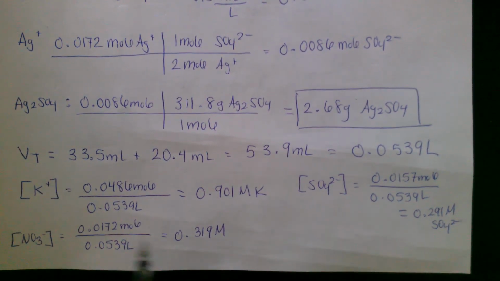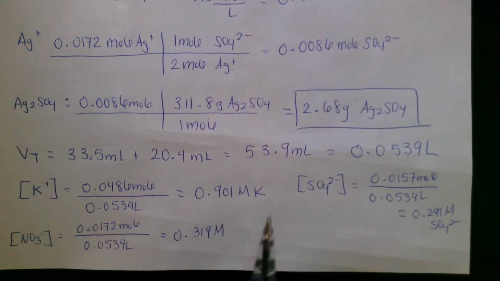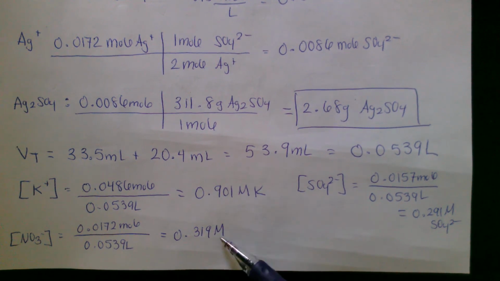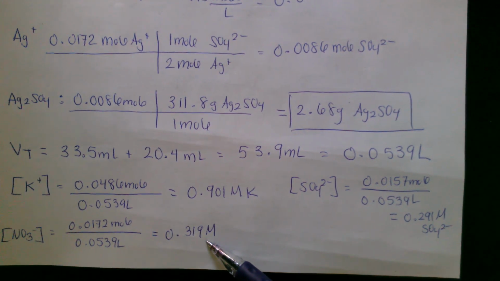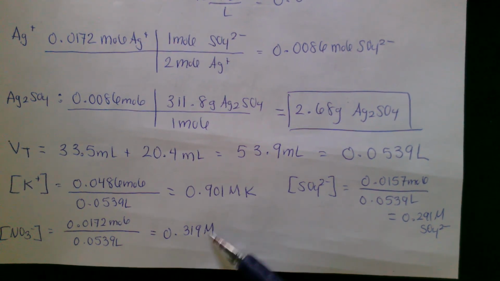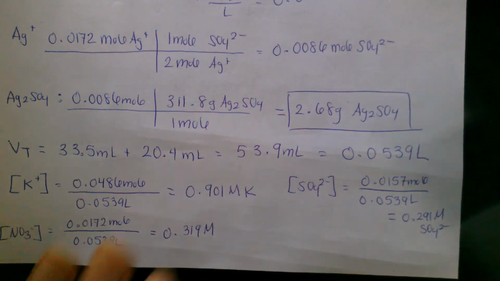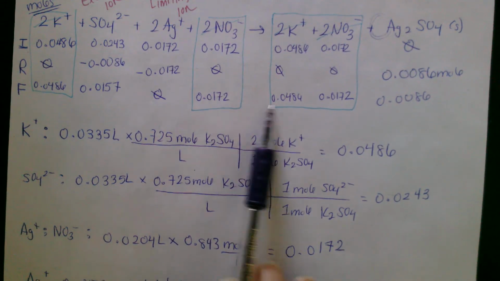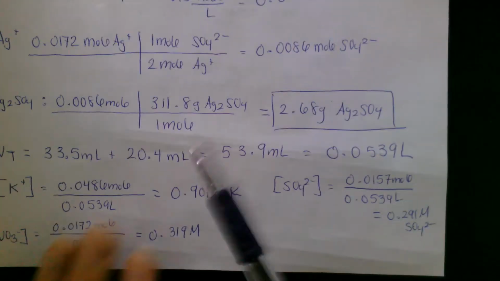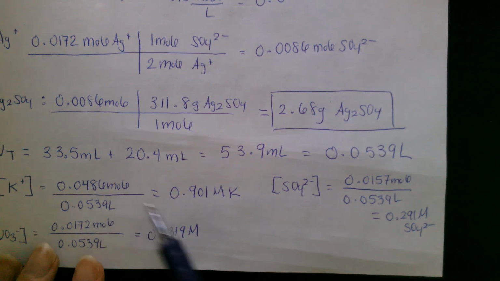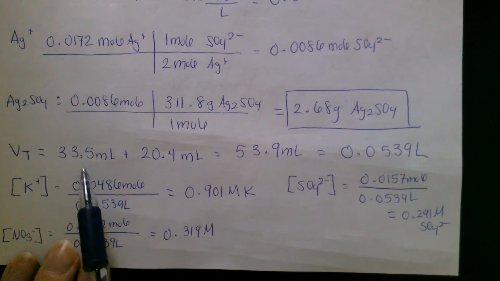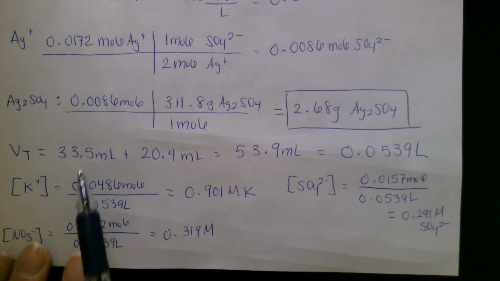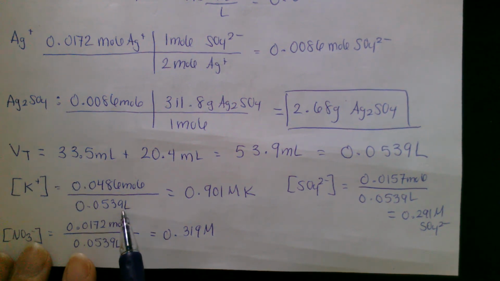Okay, so this is essentially our two ions here that were spectators. What really happened with them is that they were diluted. So you could have used the formula for dilution for these also and skipped their entry in the table, because really that's all that this amounted to, was the potassium ions were in a volume of the 33.5 milliliters. Now they're in the volume of 53.9 milliliters.